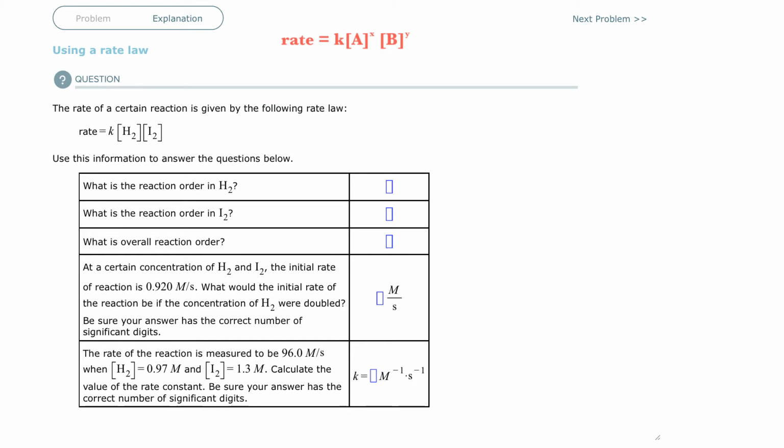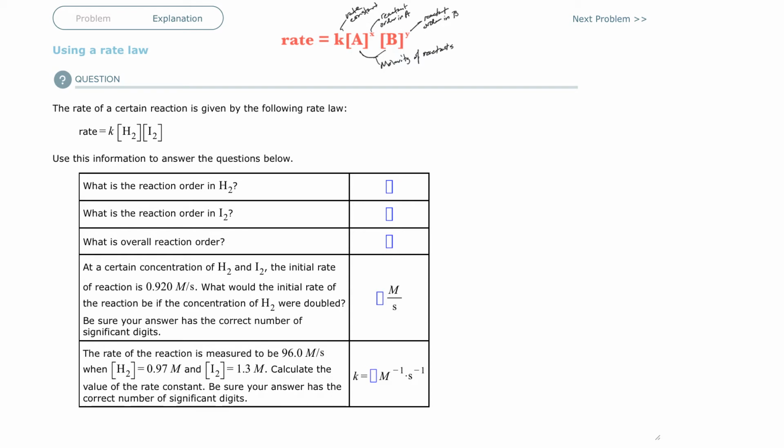This would be the reactant order in A, and this is the reactant order in B. And that's the rate constant. And this is molarity of reactant.